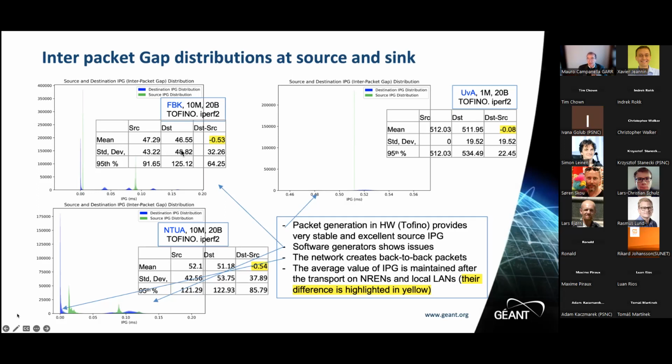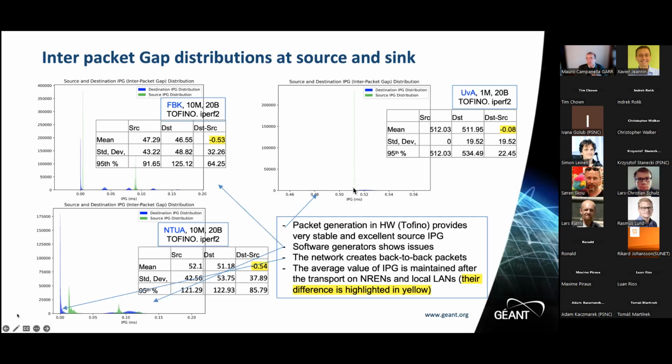And even the standard deviation is not too bad. If you go to the 95th percentile of your packets, then you can see that the destination has a larger distance in time between the packets because of the effect of the network.